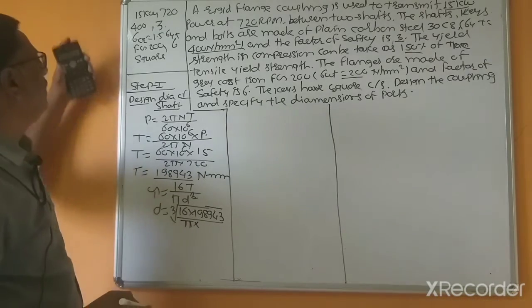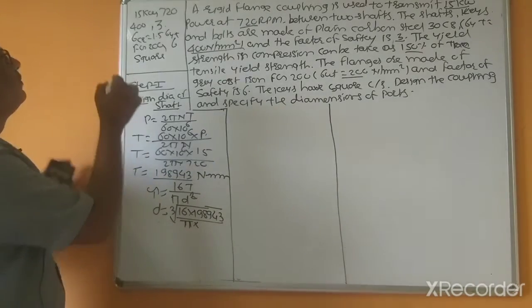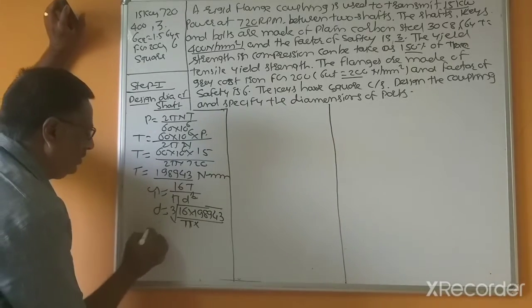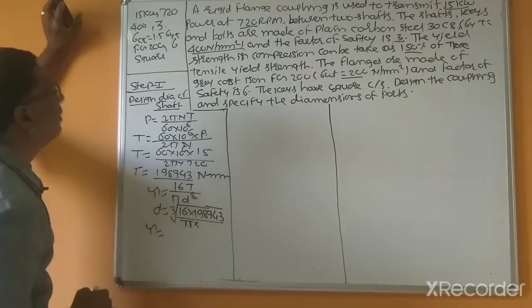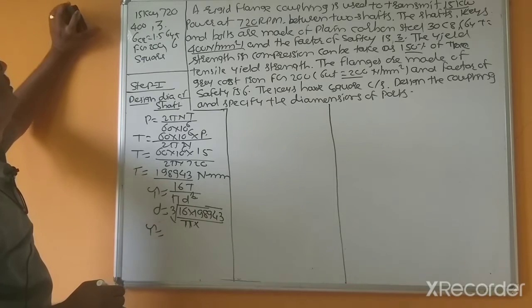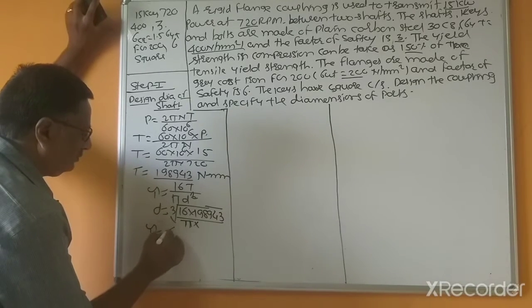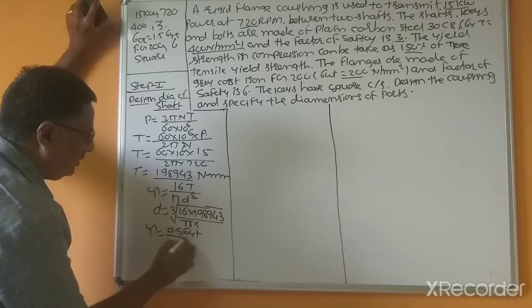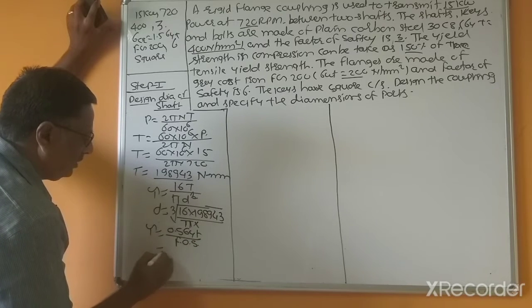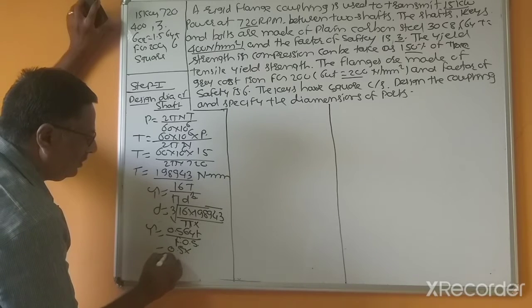So this tau equals 0.5 sigma YT divided by factor of safety, the basic formula.